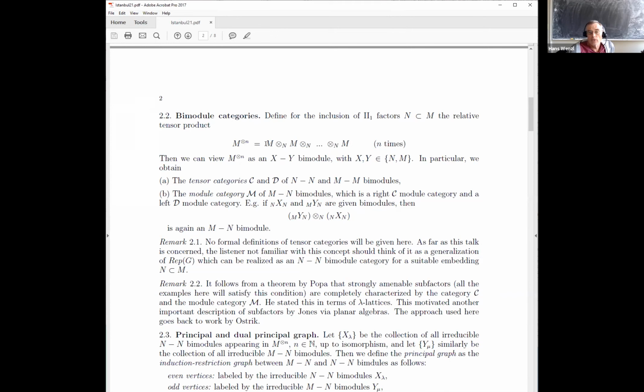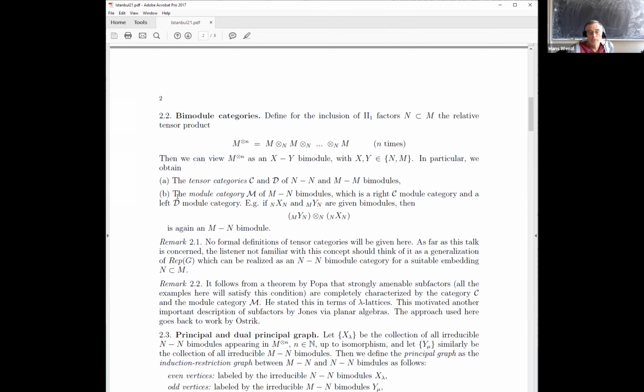Now, of course, you can always act from the left and from the right with either N or M. So you basically have four choices of viewing this as an X-Y bimodule, where X and Y could each be either N or M. With this, we now obtain two tensor categories, namely the one of NN bimodules and the one of MM bimodules.